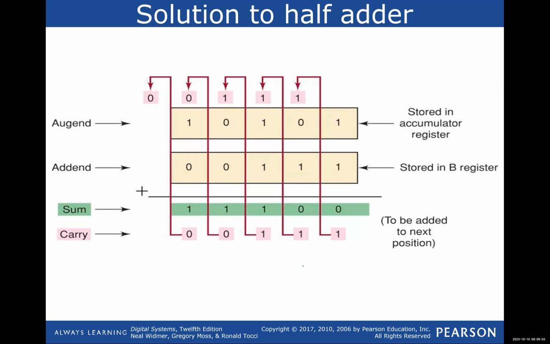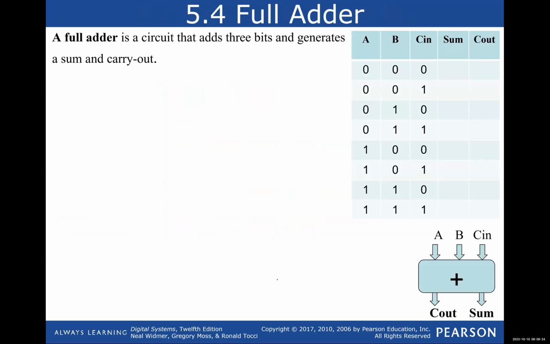One of them is the A, one is the B, the third one is what? Is your carry in. Okay, so if I want to design another adder, I should have 3 inputs, not 2, right? One of them is the A, the other is the B. The third one is going to be the carry input in case that I have it. And that creates what we call the full adder.